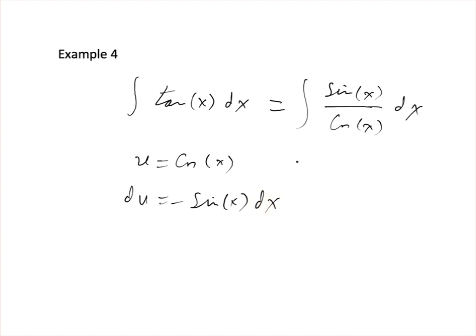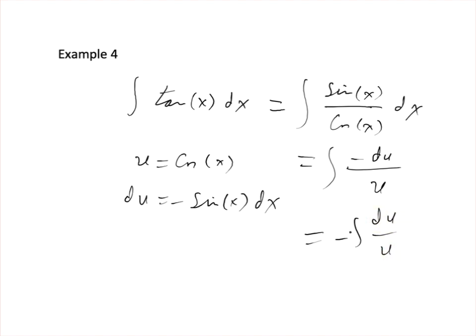So that gives me this integral equal to, the sine x dx is minus du, and the cosine x in the denominator is just u. So now I have minus the integral of du over u.